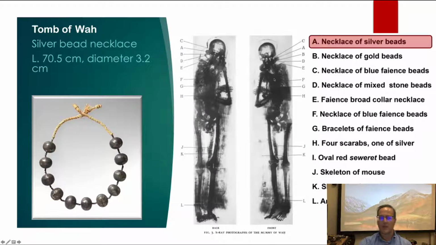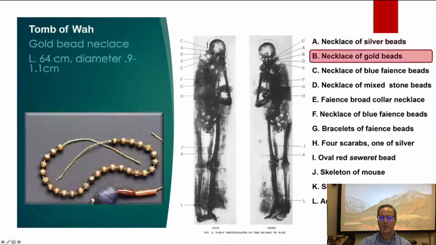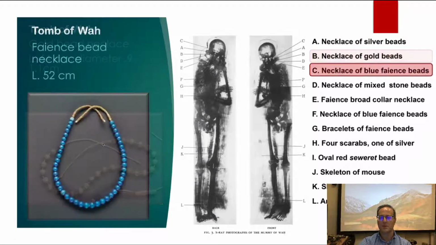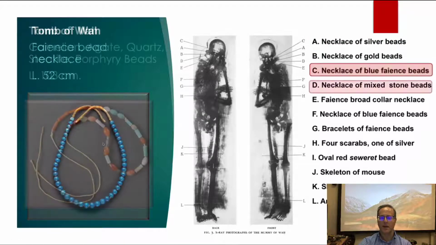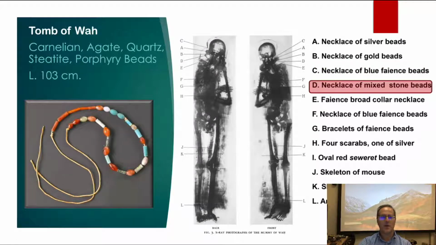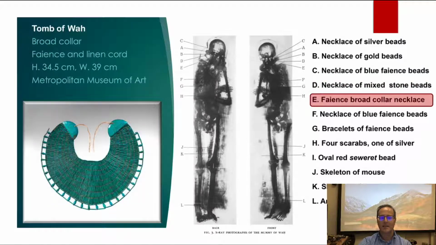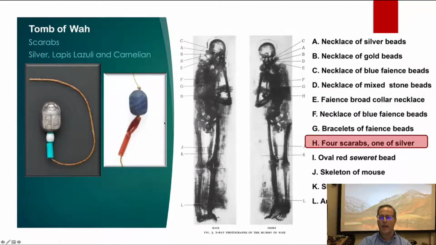Now, when Winlock x-rayed the mummy, he realized that Wa was not a poor individual because around his neck were necklaces made of silver balls, necklaces made of gold beads, necklaces made of blue faience, necklaces made of very rare materials like carnelian and agate, a beautiful broad collar necklace, as well as 4 scarabs, including this one made of silver.